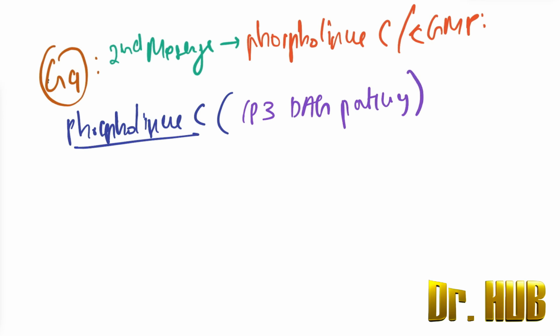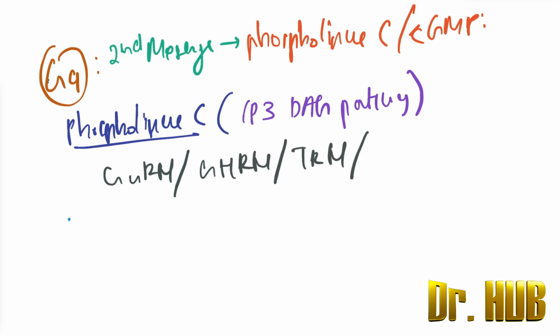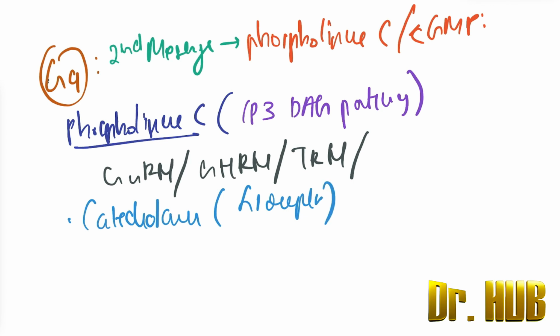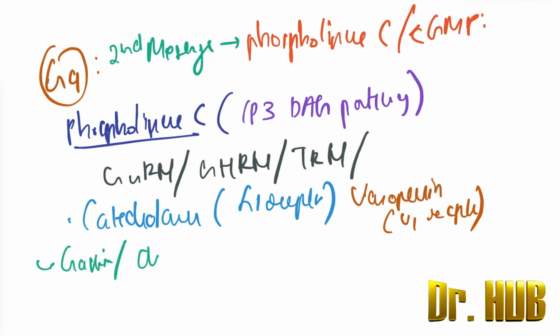Under this there is the GnRH, GHRH, the TRH, then the catecholamines, that is the alpha 1 receptor, then comes the vasopressin, that is the V1 receptor, then comes the presence of gastrin, cholecystokinin, and then also oxytocin.